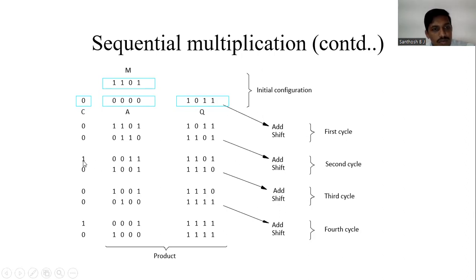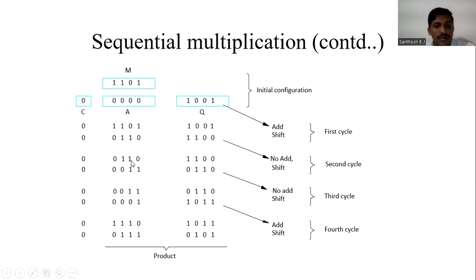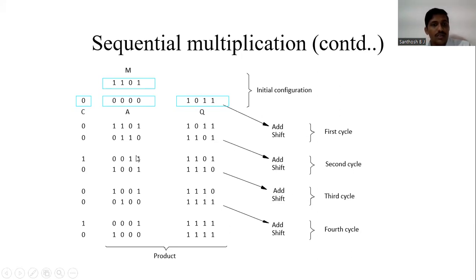So see here, this 1 will shift to here, this register will shift to here, next this 0 will be shifted to here, and this one will be stored here. Another one, same as it is, this one is shifted here, this one is shifted here, and finally this 0 is shifted. So that completes your second cycle.